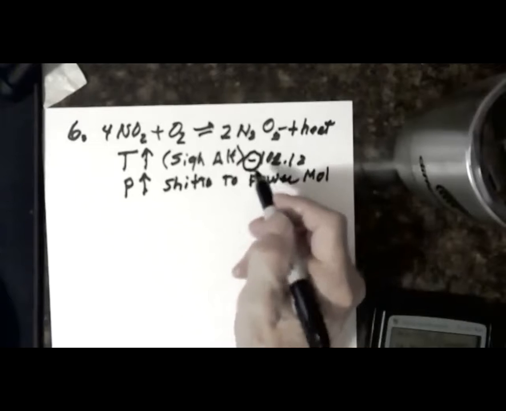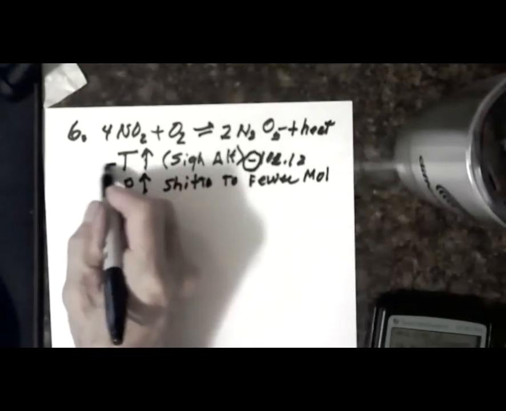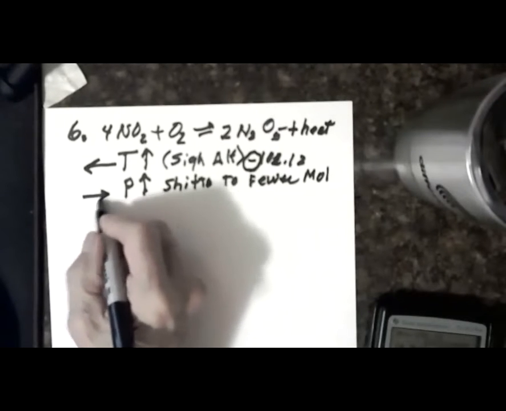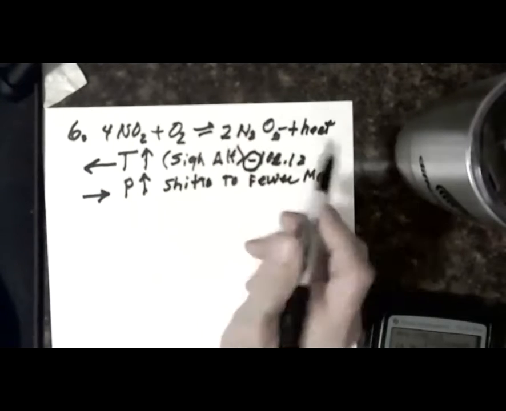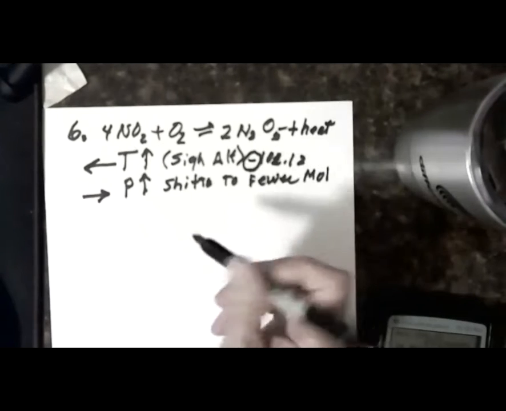So I'm going to look at increasing pressure. Increasing temperature is going to shift the reaction to the left. Increasing pressure is going to shift the reaction to the right because there's 5 moles of gas on the left and only 2 on the right.